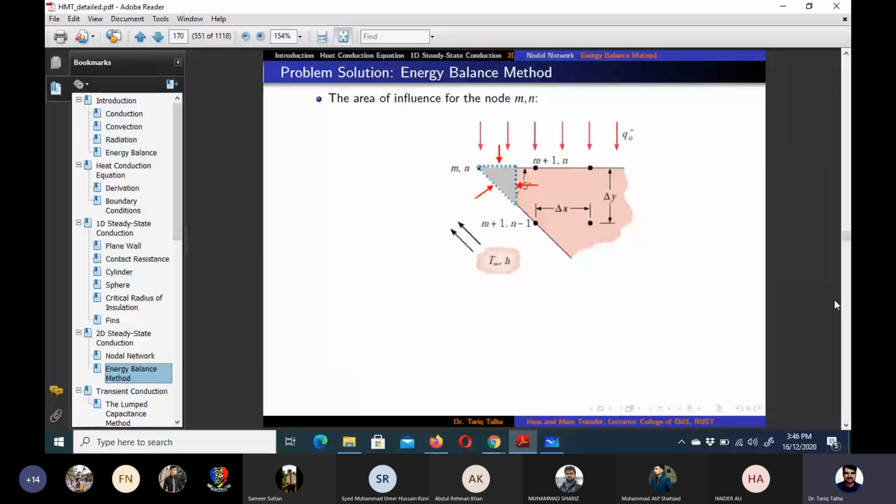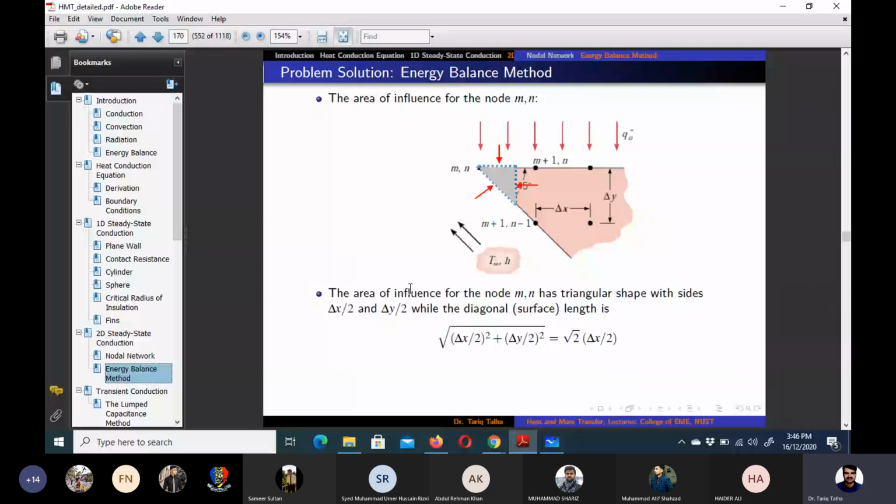So if we apply the energy balance, and because there is no volumetric heat generation in this case, first of all if we want to determine the area of this diagonal, we all know that we can use Pythagoras theorem, and that is basically the square root of perpendicular square plus base square.